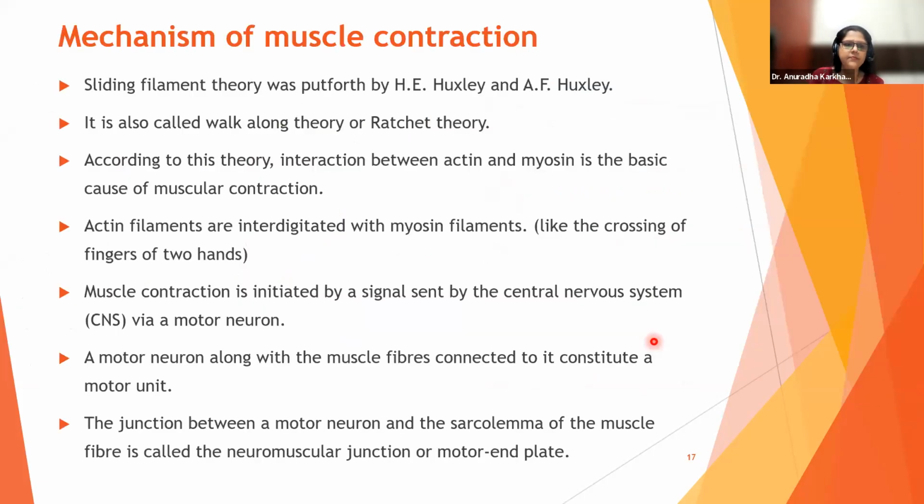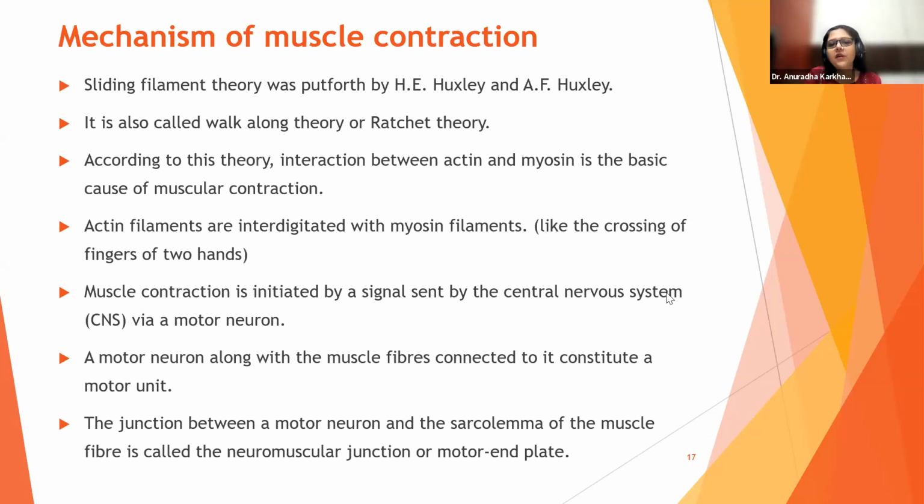So let us see the mechanism of contraction, which is very, very important. Sliding filament theory was put forward by H.E. Huxley and A.F. Huxley to explain this mechanism of muscle contraction. So please remember these names. Both are Huxleys only.